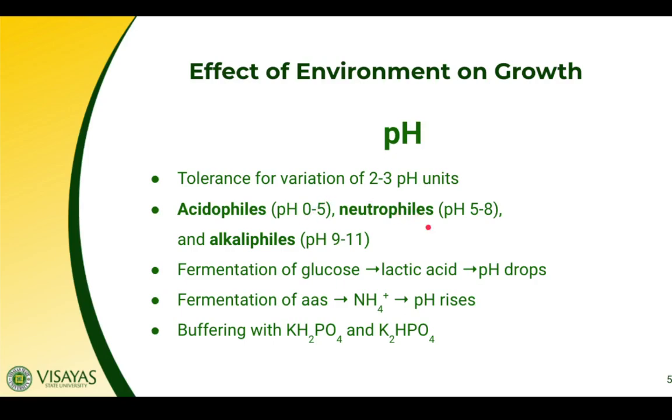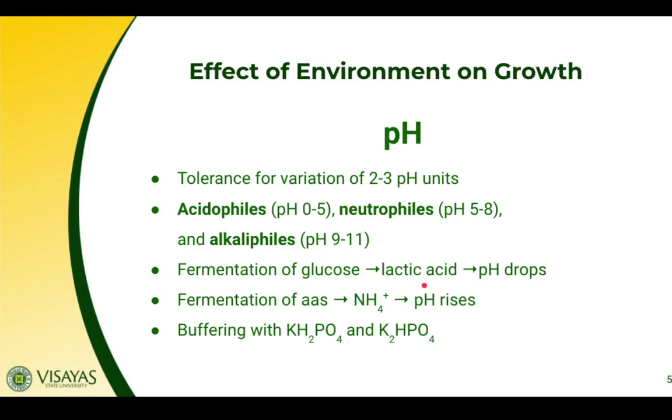Neutrophiles are those that could tolerate a pH range of 5 to 8, and alkaliphiles are those that could tolerate a basic pH from 9 to 11. Now, usually, microorganisms have different metabolic activities that could result in a media or a cellular environment that is acidic or basic.